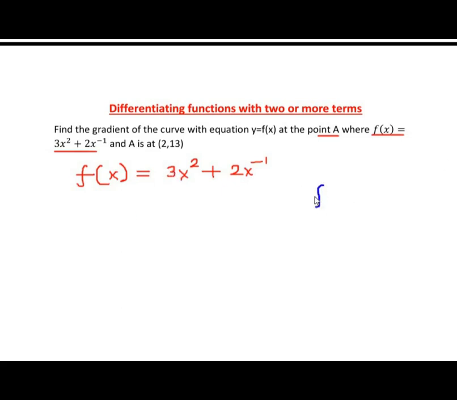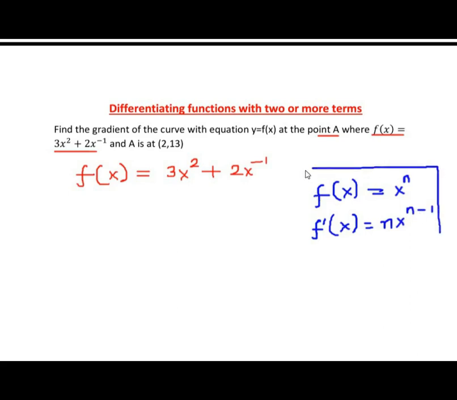If we are given an expression f of x equals x to the power of n, when we differentiate this term, the power comes down and x is raised to the power of n minus 1, meaning the power of x is reduced by 1. So let us try to use this formula and differentiate the given term.